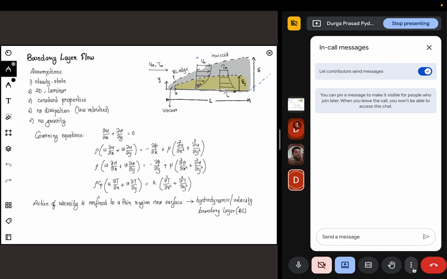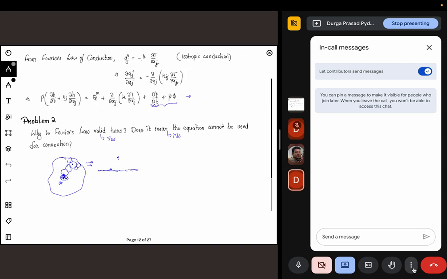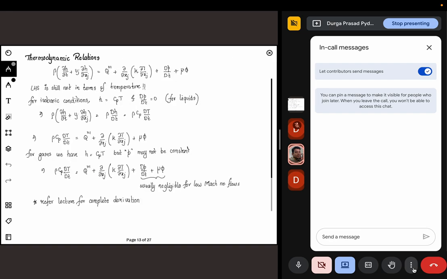So these equations are clear. Okay, let me go a little slow.